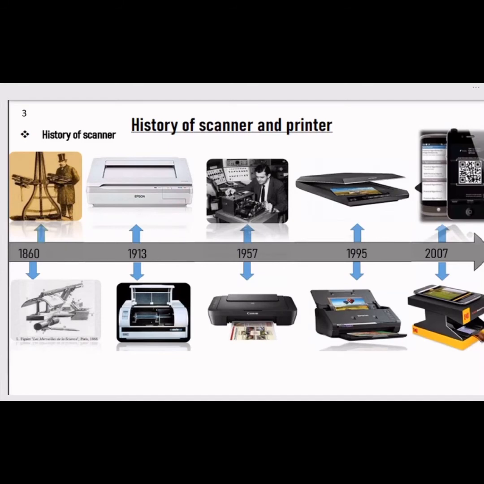They no longer use film, and they coincide with the popularity of the personal computer. And then, in 2007, digital scanners are in decline. Everything is moving to digital. The need for a scanner is being displaced by the ability to download an app on a smartphone, but there are still digital scanner toys. After that, history of printer.